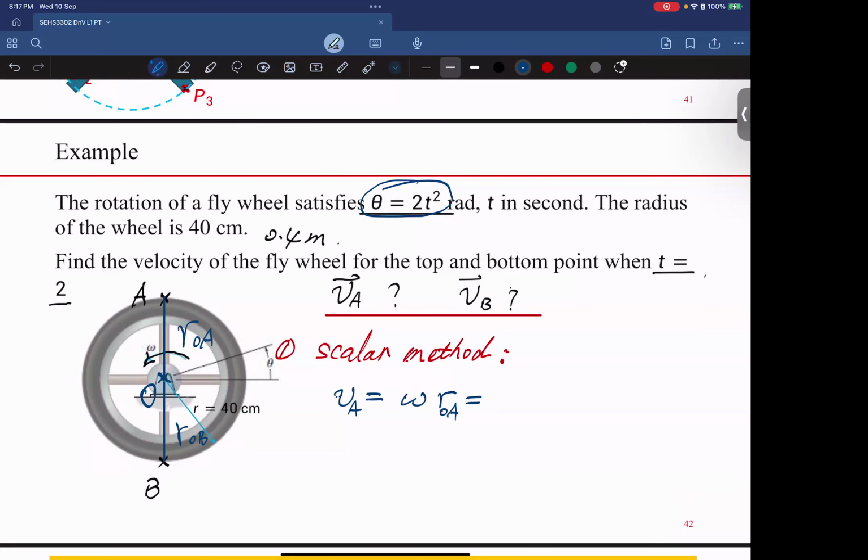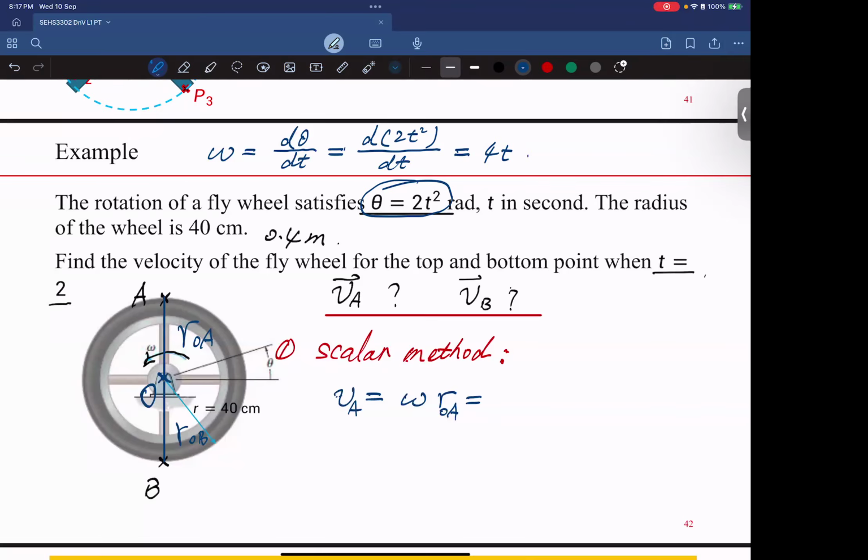So theta is 2t squared. Then omega, by definition, is d theta over dt, right? Therefore, d(2t squared) over dt, from the mathematics, we find this derivative is 4 times t, okay? This is omega.